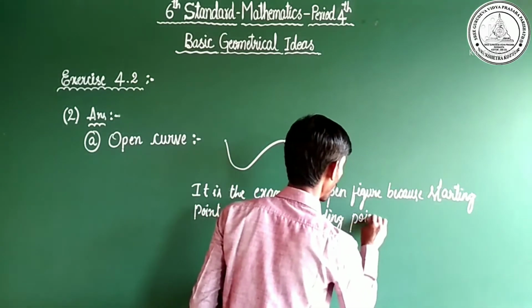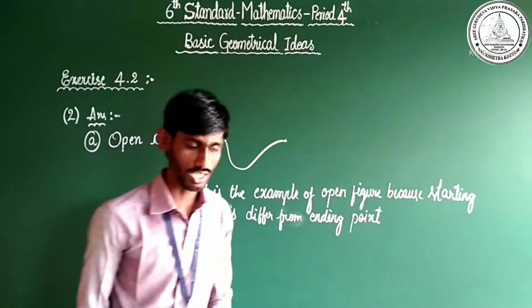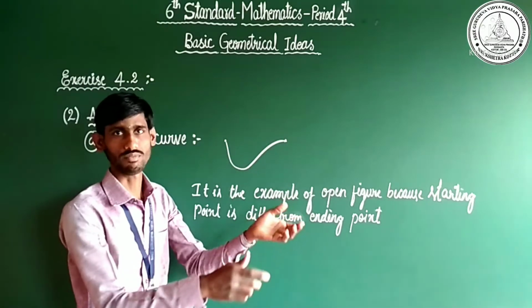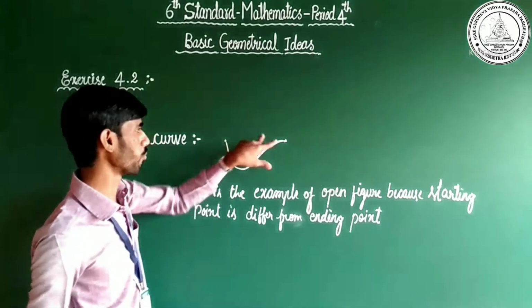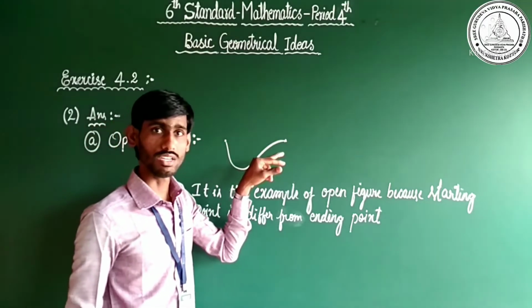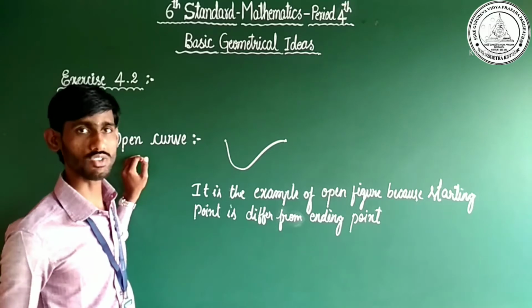It means starting point and ending point are different. The starting point and ending point are not close. That's why the given figure is called an open figure.